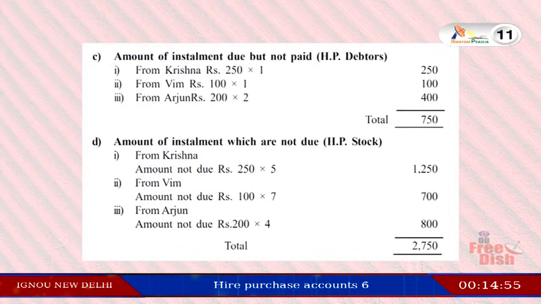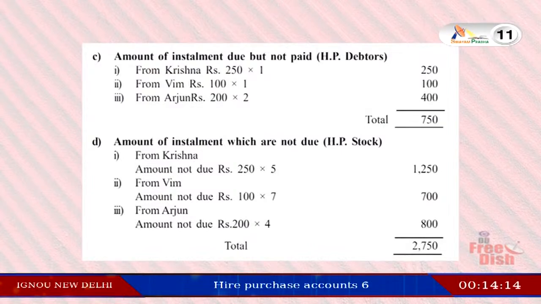Vim out of 5 could not pay 1 and Arjun out of 8 could not pay 2. So let's see how things will take place. So for Krishna one installment is of 250, for Vim one installment is 100 and for Arjun it is 200.